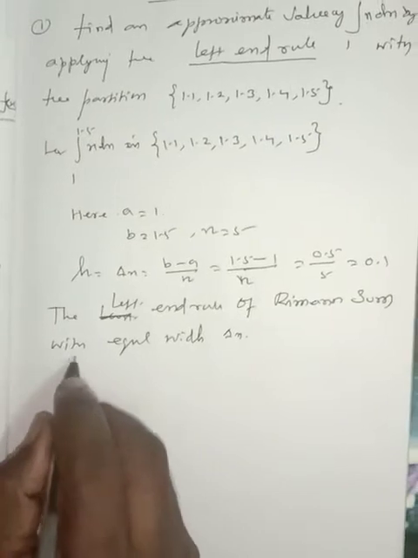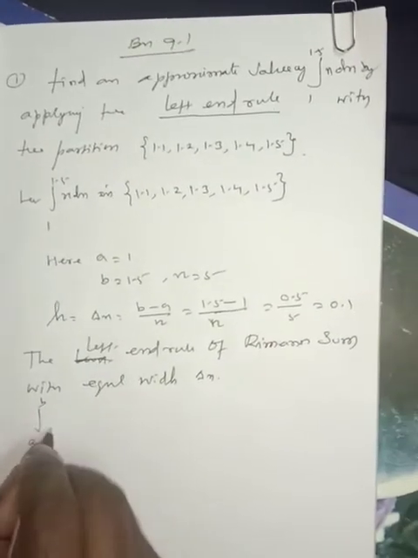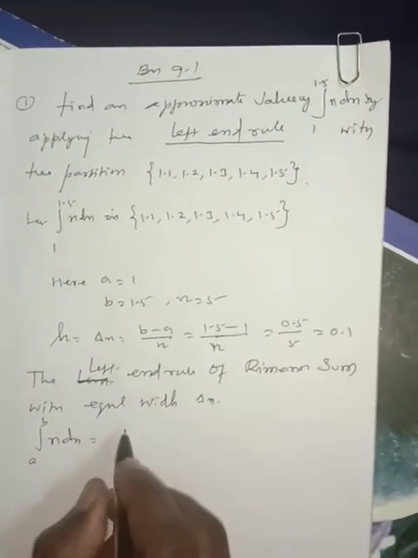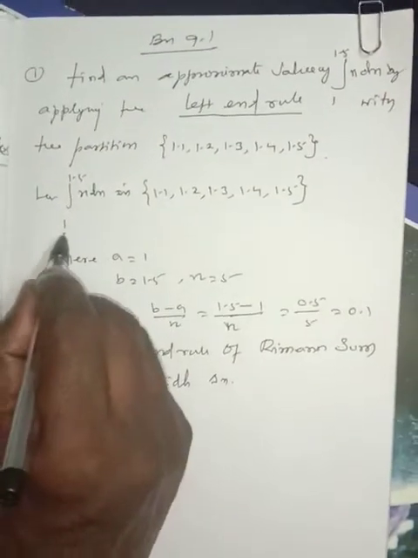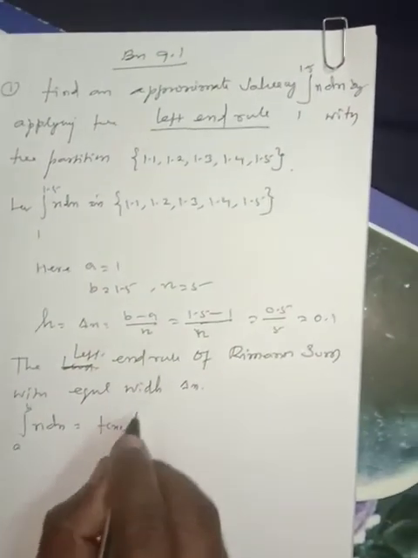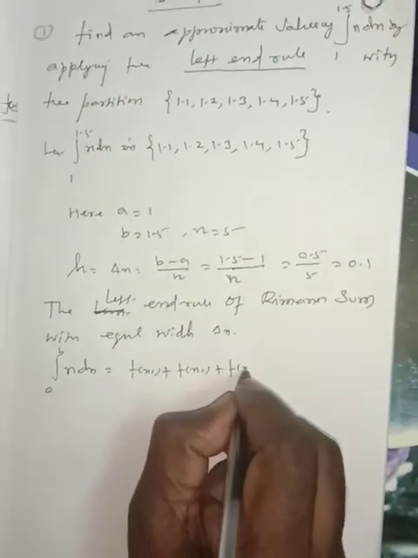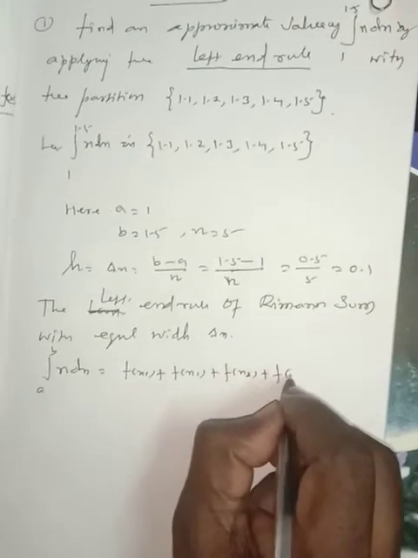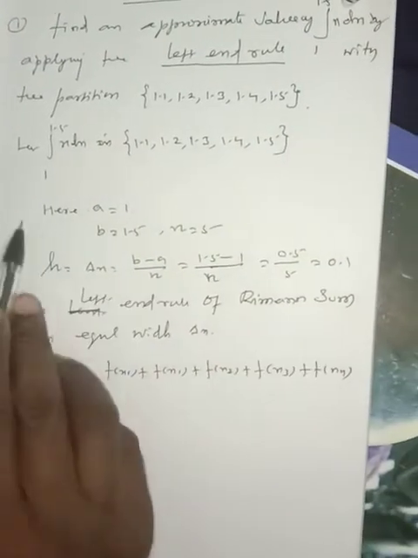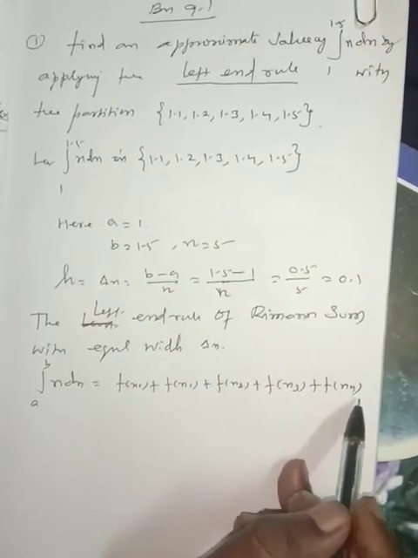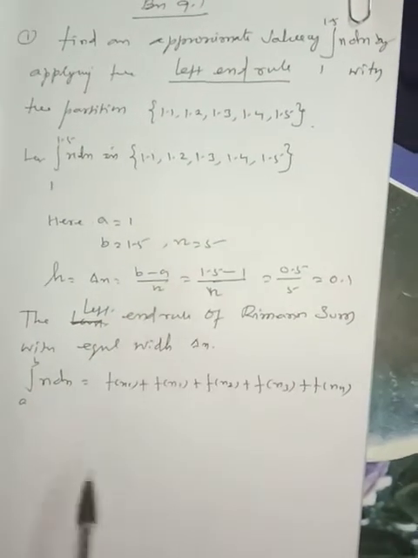We know that the integral from a to b, with a the lower limit and b the upper limit, of x dx is equal to f of x naught, where x naught is the lower limit, plus f of x1 plus f of x2 plus f of x3 plus f of x4, where x4 is the n minus 1 term, the last but one term, 1.4, into del x.